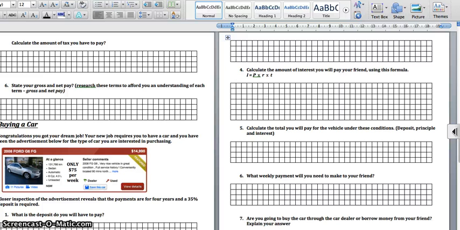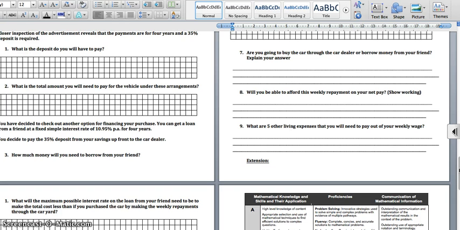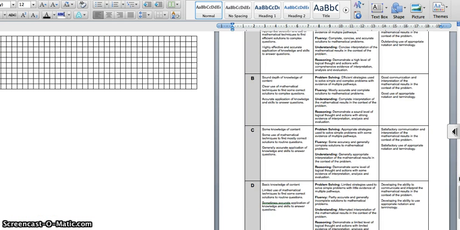Alright, calculate the tax you have to pay and find out your gross and net pay. Then you're going to research a car. Alright, I'm happy for you to find your own car if you want, but there's one there for you. You've got to pay a deposit. You've got to do all the calculations there. Just like we've been doing with simple interest, but you're actually doing it yourself on a vehicle for you.